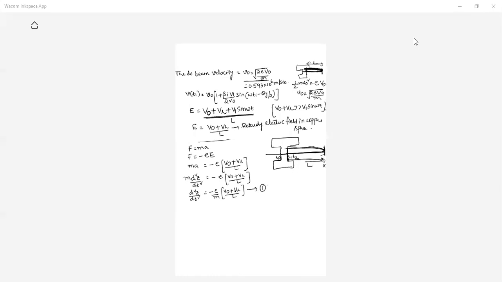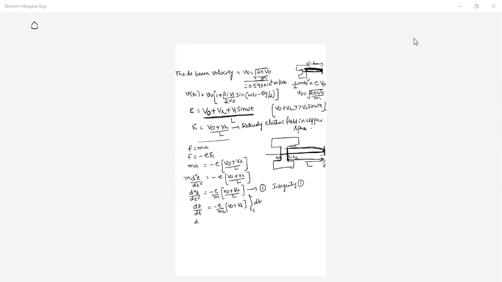Integrating this equation 1 on both sides. What am I going to get by integrating? dz by dt is equal to minus e by L, (V naught plus VR) by L, into the integration of, with the time duration I can name it as T1, T minus T1 into dt.